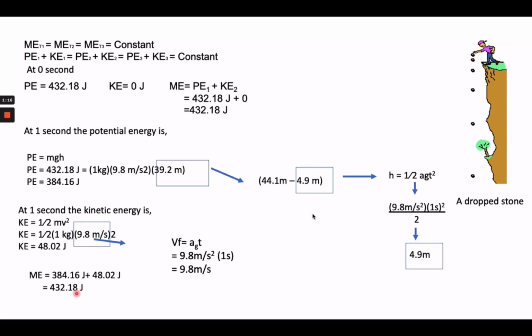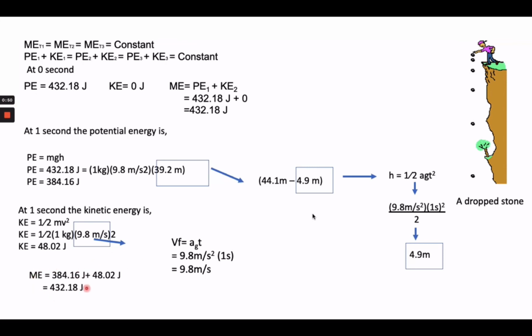And if you notice our potential energy, it decreased from 432.18 joules when it was not moving to 384.16 joules because there is a height difference. Remember, potential energy is position relative.